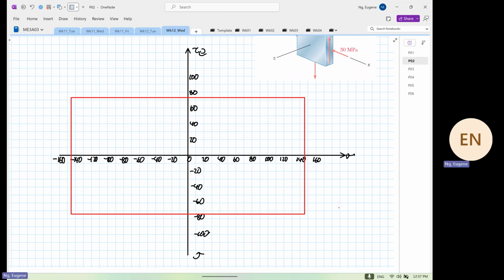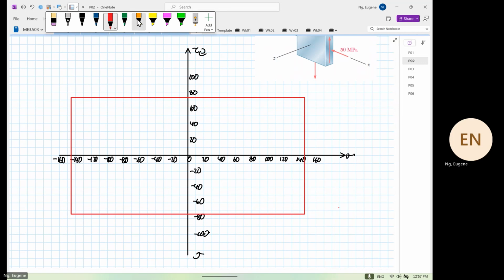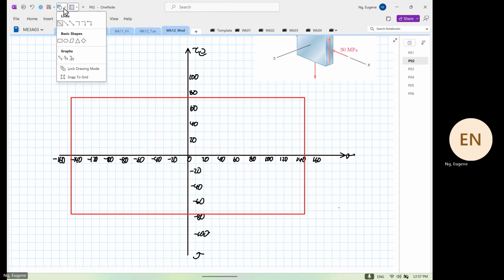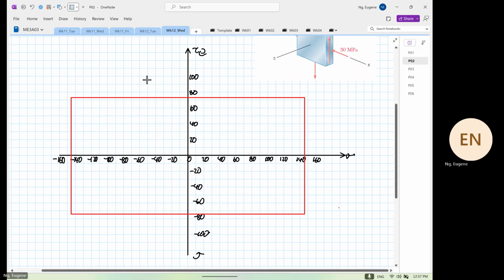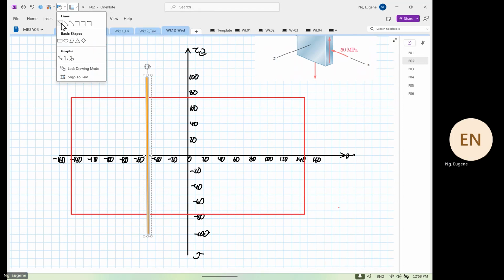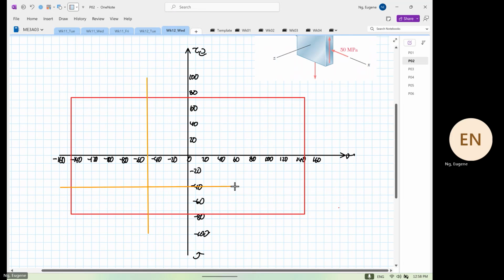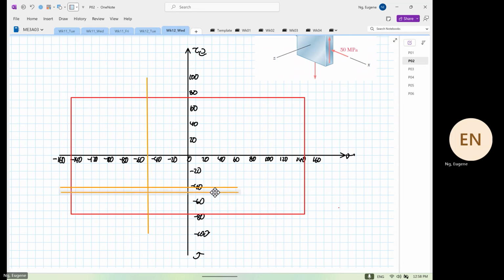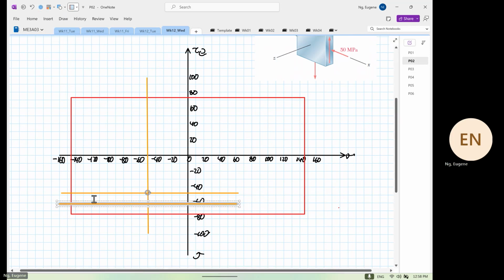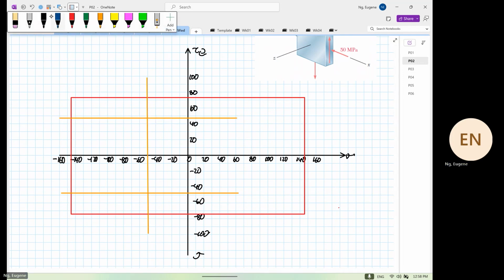So again, we have our 50 line, and then we have our 48 line, and we are very sure that this is our point X.